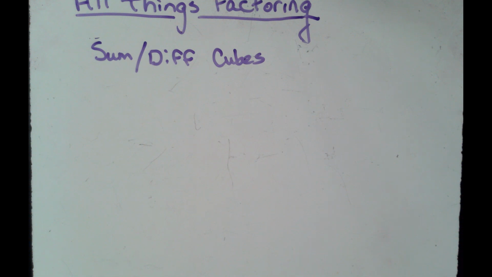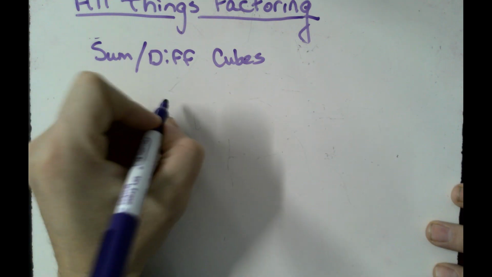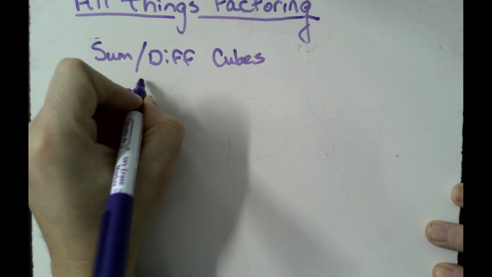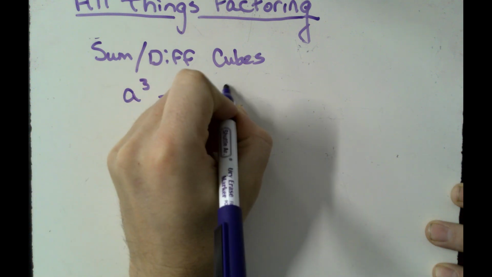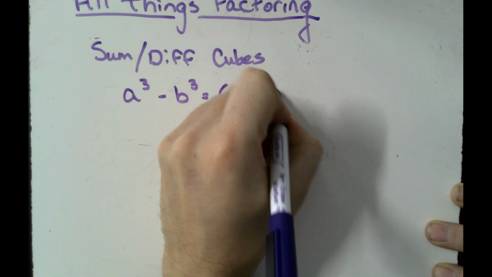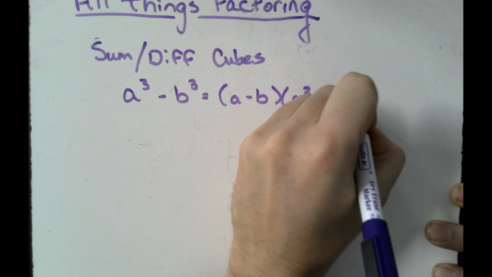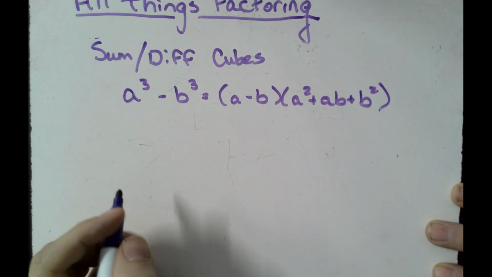So it's sum and difference of cubes. Let's take a look at this one to start. So we have a cubed minus b cubed equals a minus b, then a squared plus ab plus b squared. Now that's one scenario.